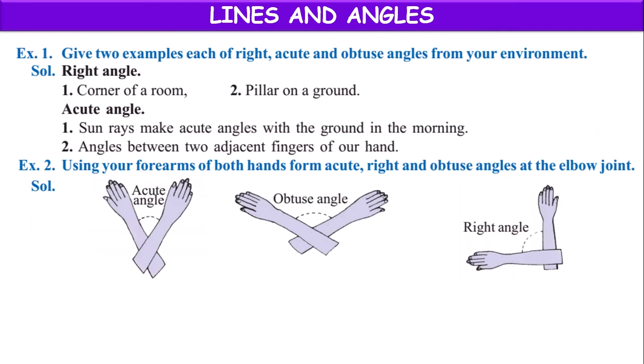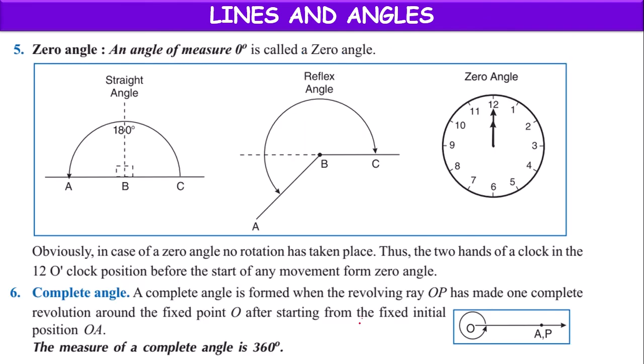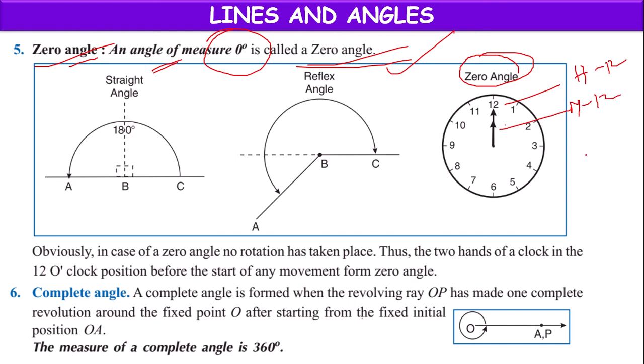Next children, we have zero angle, means angle of measure 0 degrees is called zero angle. Like this, in clock, if the hour hand is at 12, if the minute hand is at 12, they are coinciding with one another.